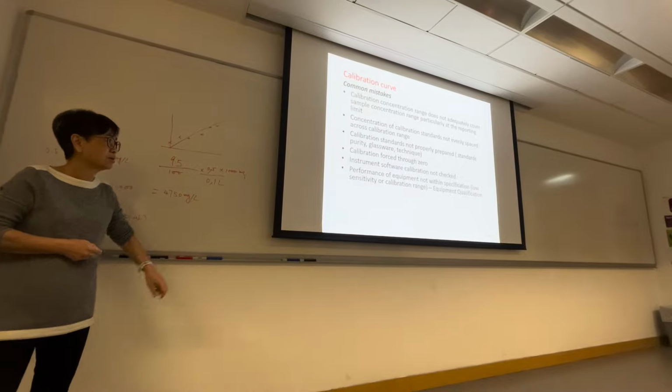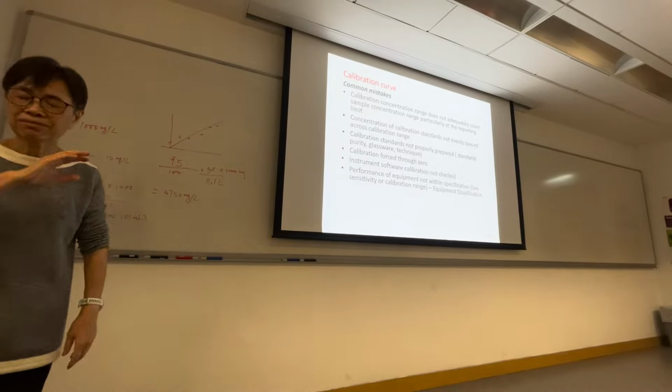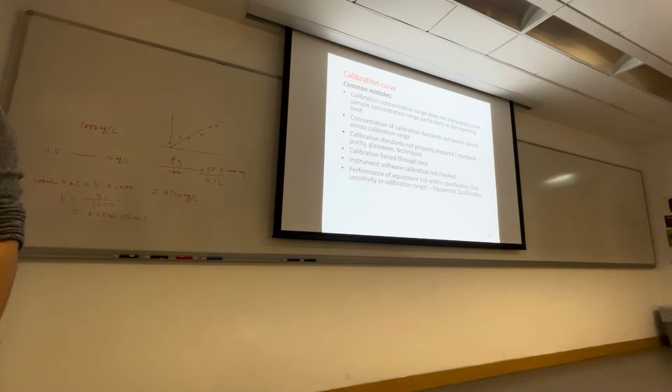Okay? So don't think by yourself. Don't just take all the advice from the engineer. They are not analytical chemists. They are engineers only. So somehow the engineer will say just select the forcing full 0 button, then it will be good.